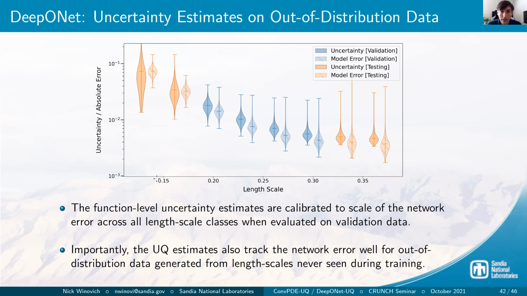And what is nice is that although it's not perfect necessarily, and in general we have kind of an overestimation of the uncertainty to some degree, it does automatically identify that these are harder problems, even though it's never seen those problems before. And it does not freak out and say, we've never seen these before, because they're easier.